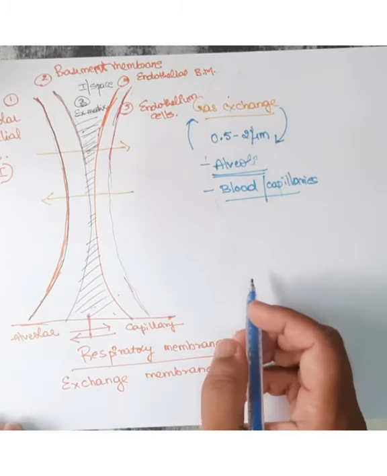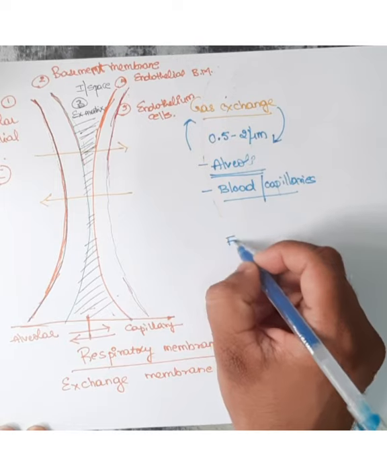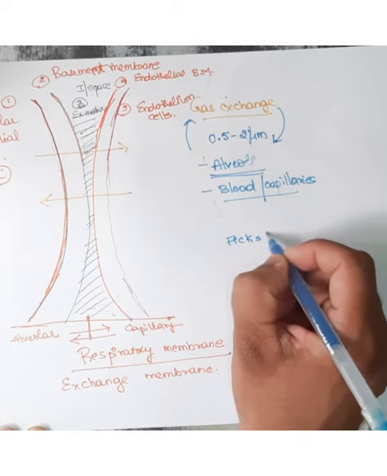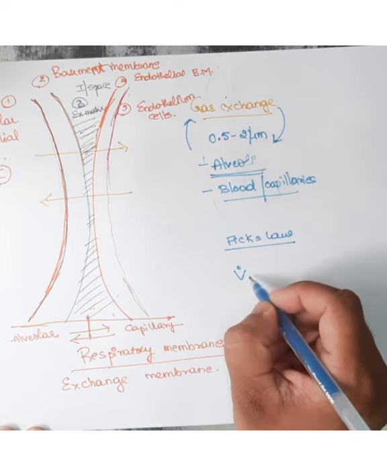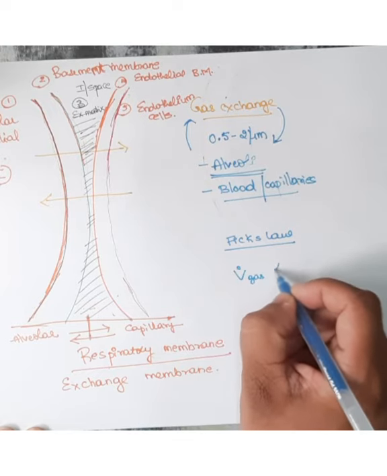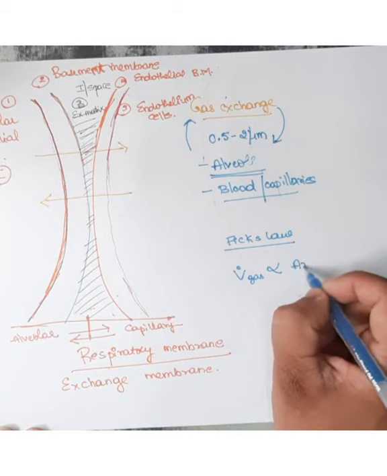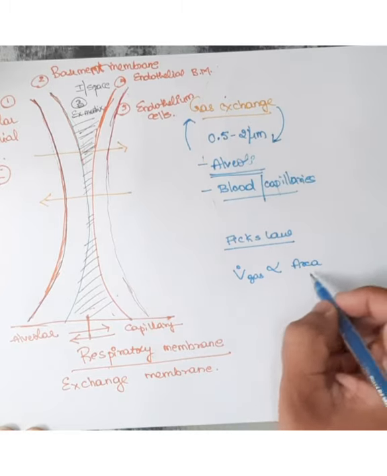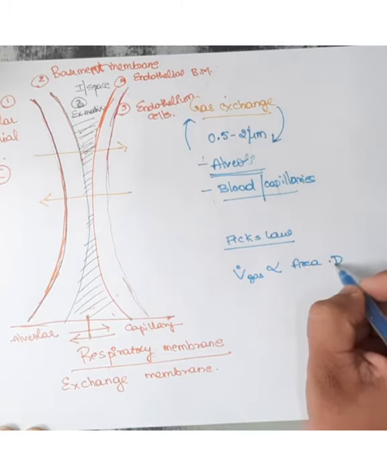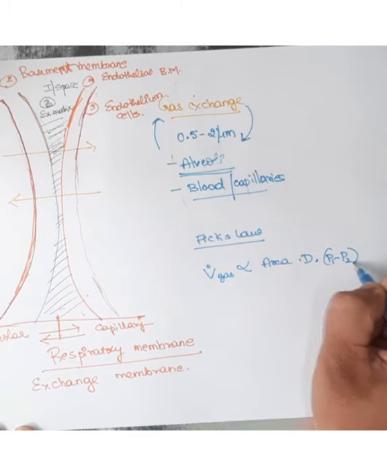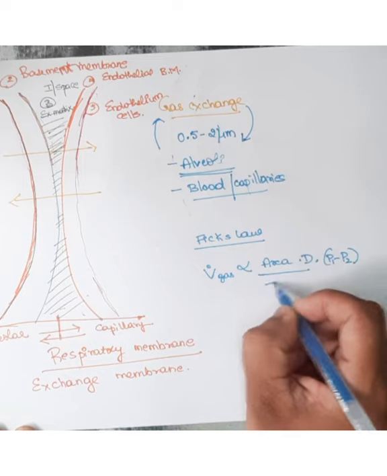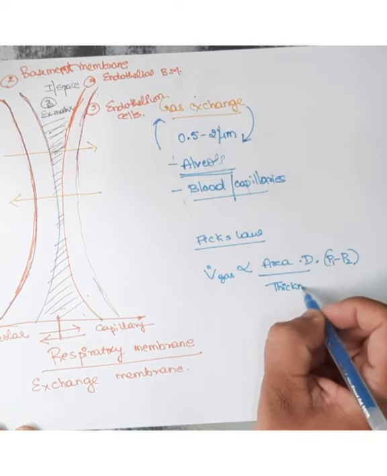The diffusion of the gas is explained by Fick's law, which states the movement of the gas is directly proportional to the area and the diffusion constant, and also the difference between the partial pressures, and it is inversely proportional to the thickness of the membrane.